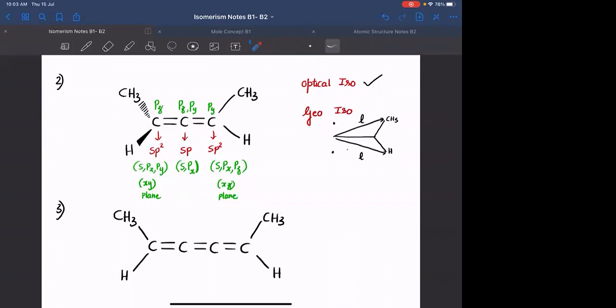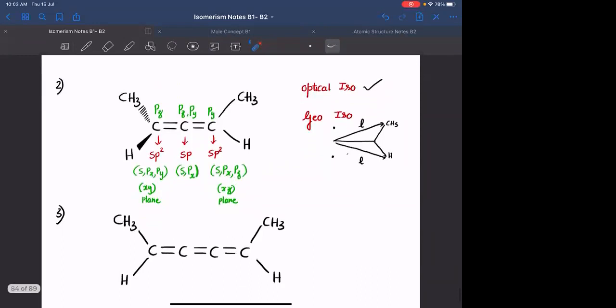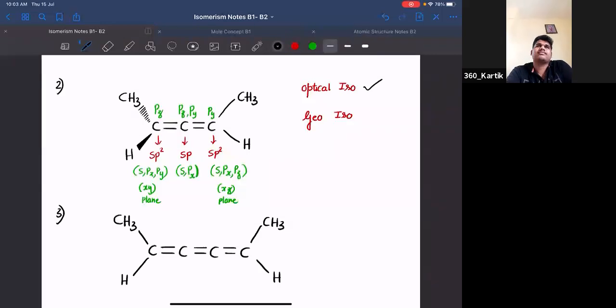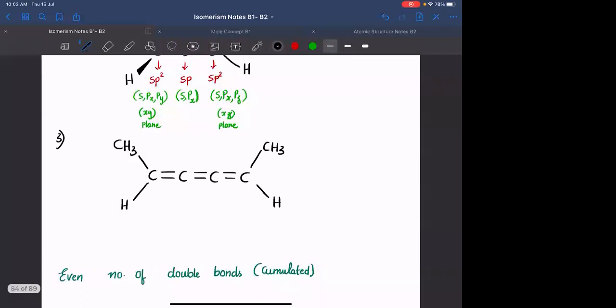You will be having again the same distance. Agreed? Clear hai, everyone? Yes, okay. So इस case में, will you have geometrical isomerism? No. No, sir. No.